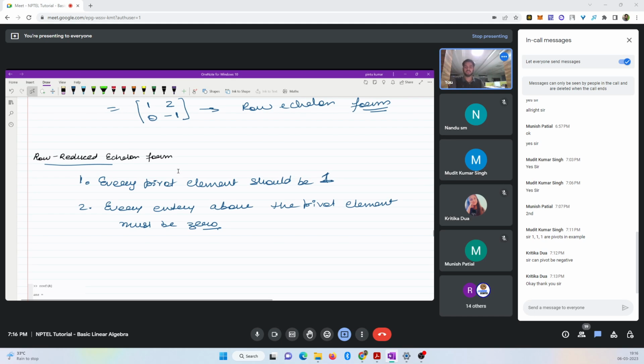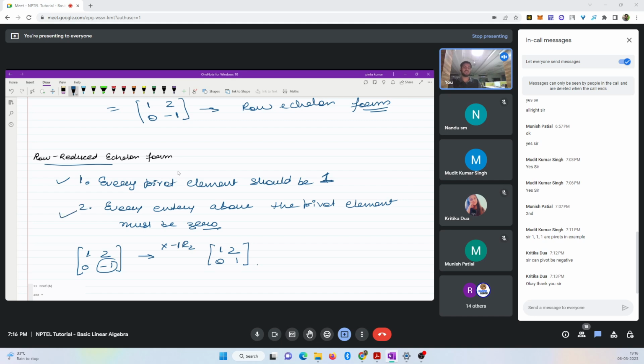So let's say we take the previous example, we reached this point: 1, 2, 0, -1. Now if we look at the first rule, this pivot entry is -1. We want to make it 1, not only positive, but exactly 1. How do we do it? We multiply the second row with -1. What do we get? 1, 2, 0, 1.